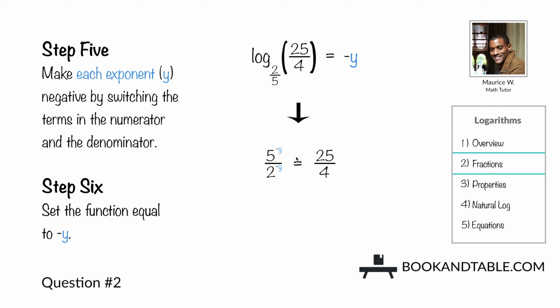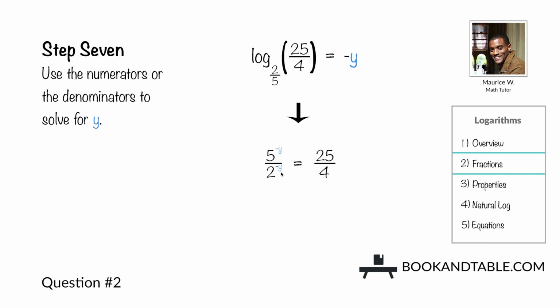And now we can use the numerators or the denominators to solve for y. So if you chose to use the numerators, we want to find how many times we multiply 5 times itself to get a product of 25. And the answer would be 2. So we find that y is equal to 2. Or if you use the denominators instead, you want to find how many times you multiply 2 times itself to get a product of 4.